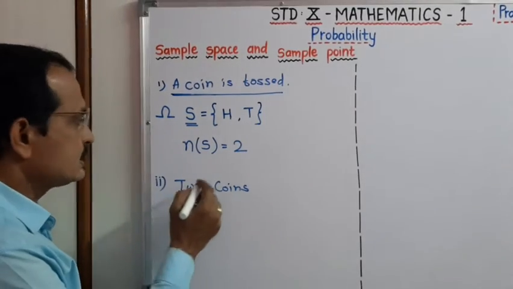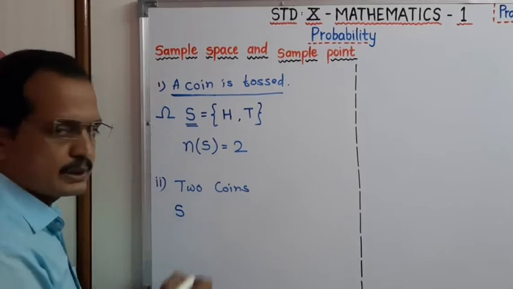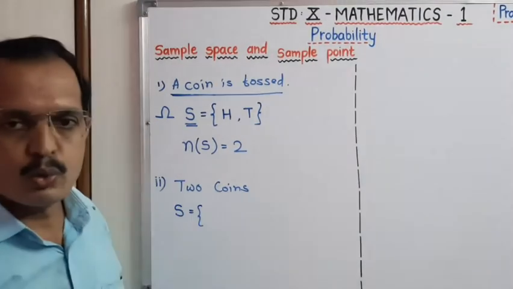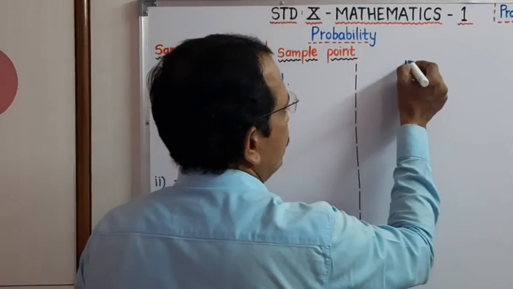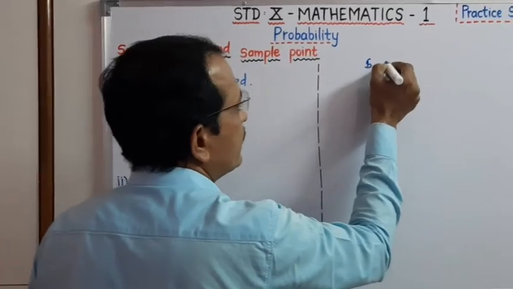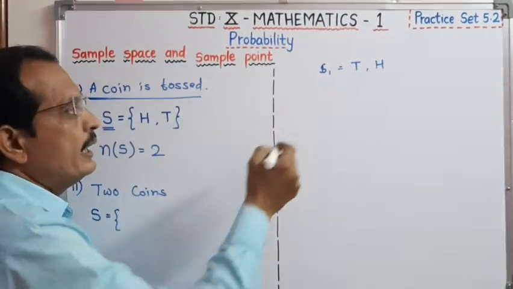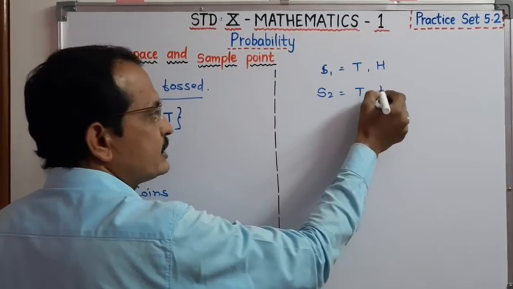Here, for 2 coins we write the sample space S is equal to, in brackets. Now 2 coins are there. First tell me, for one coin, that is S1, we can write T and H. Got it? Then for the second coin, that is S2, T and H.